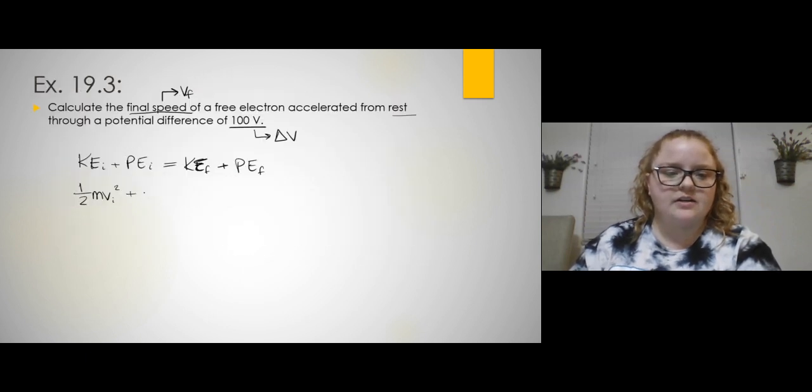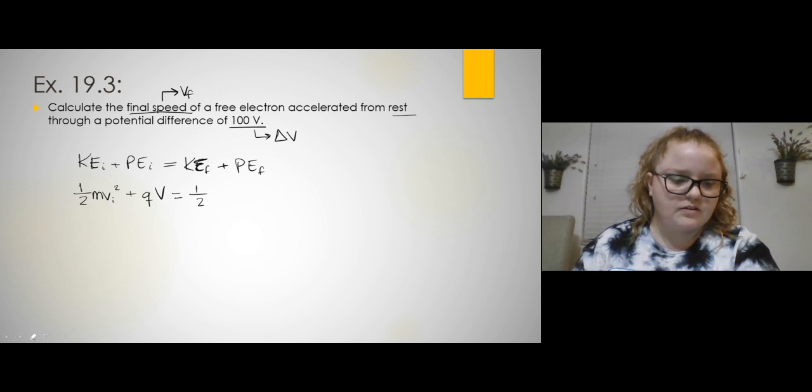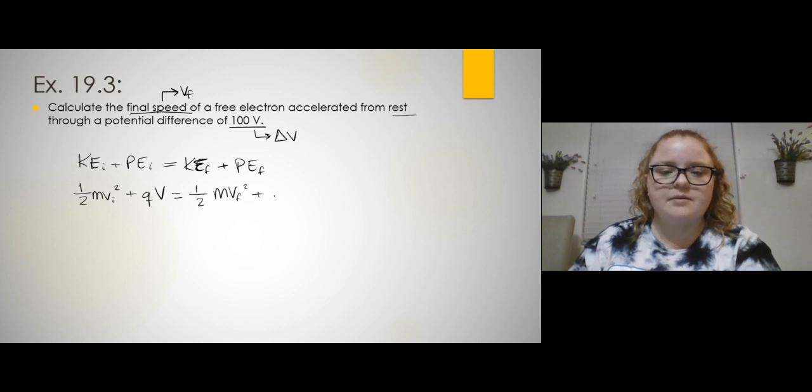So Q times V initial is equal to our final kinetic energy, which should be 1/2 m V final squared, plus Q V final.